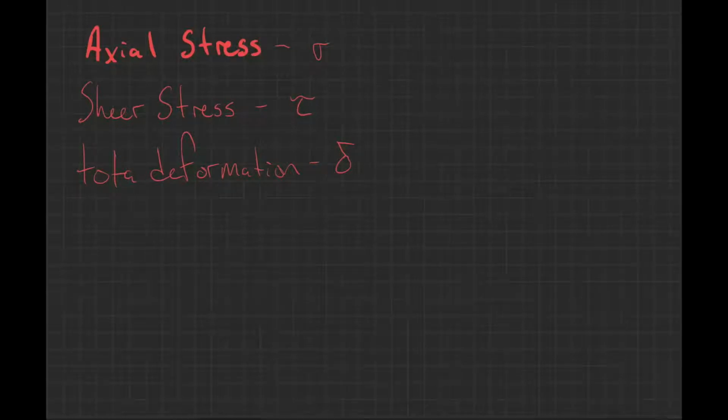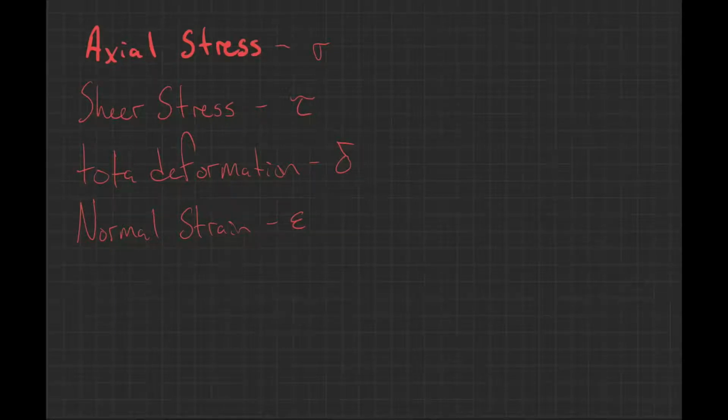We also have normal strain. Normal strain is represented by the Greek letter epsilon, which looks like this. Normal strain is defined as the deformation per unit length.